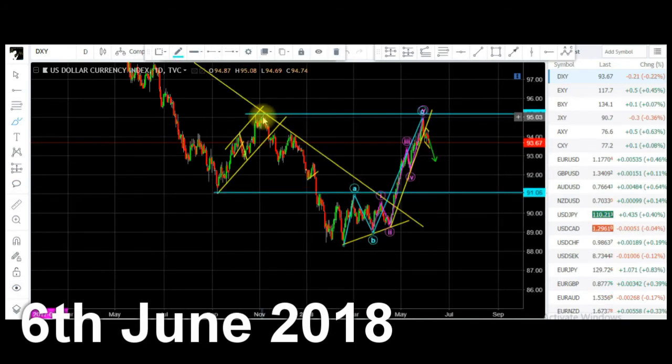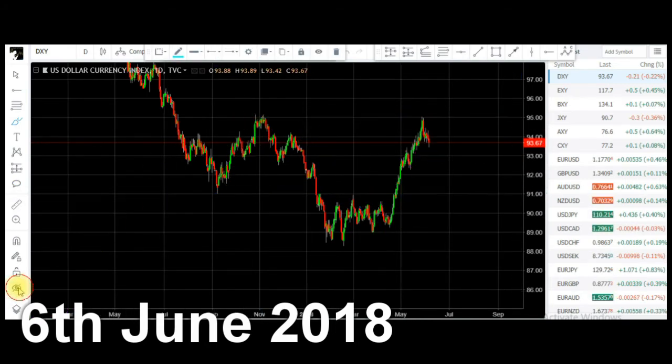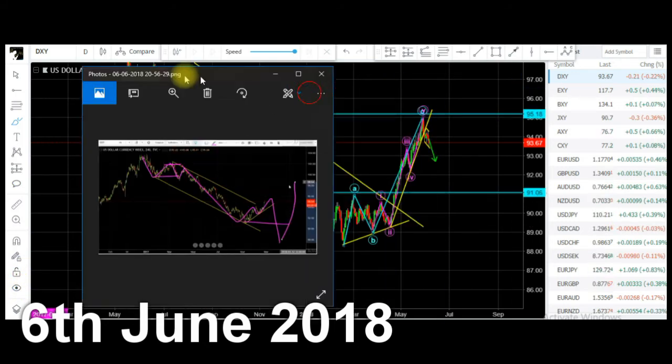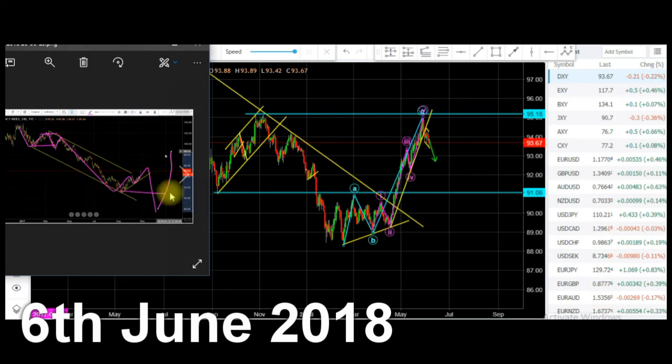I said it would come down. Sorry, that's my other work there, guys. I didn't want to bring all that in. But that would represent the bottom of the 4th, which was where I drew that straight line.